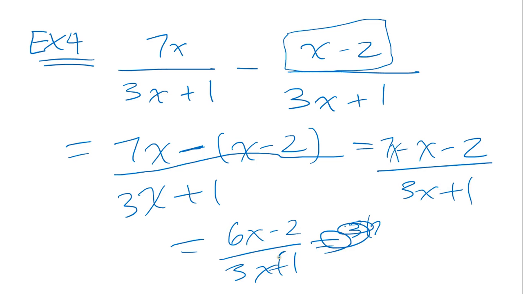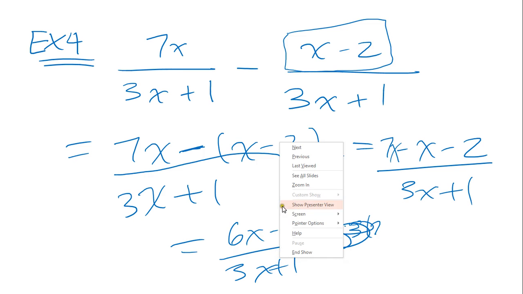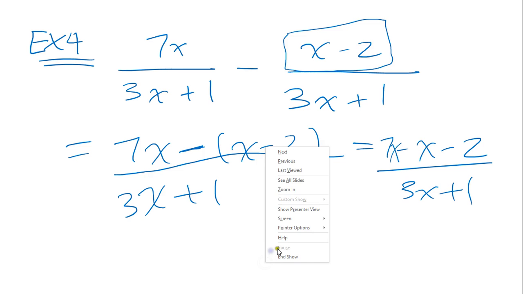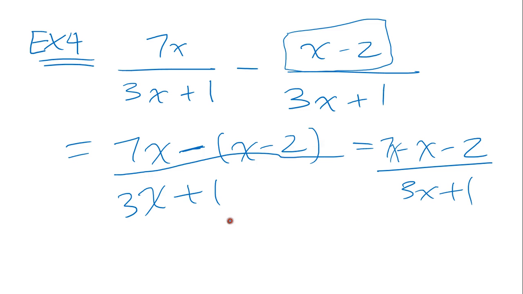I can factor out a 2, and I need more room, so let me erase this. Alright, so that is going to be 6x minus 2.